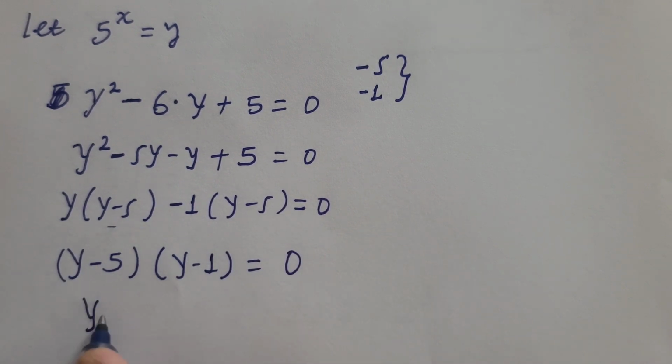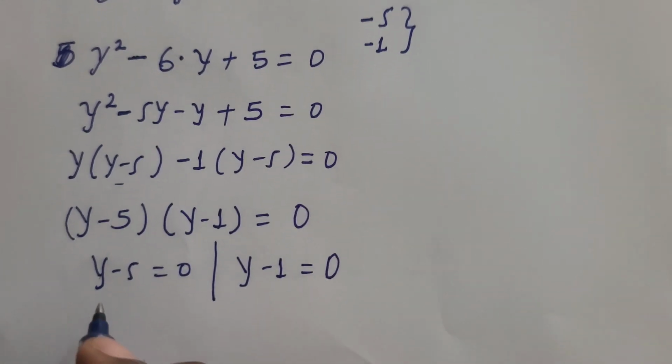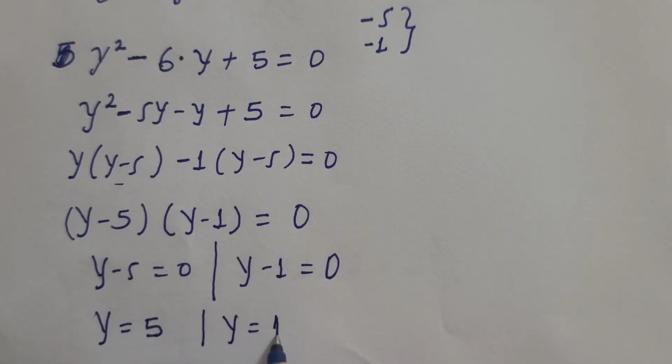Therefore, (y minus 5)(y minus 1) equals 0. So y minus 5 equals 0 or y minus 1 equals 0. Here y equals 5, and here y equals 1.